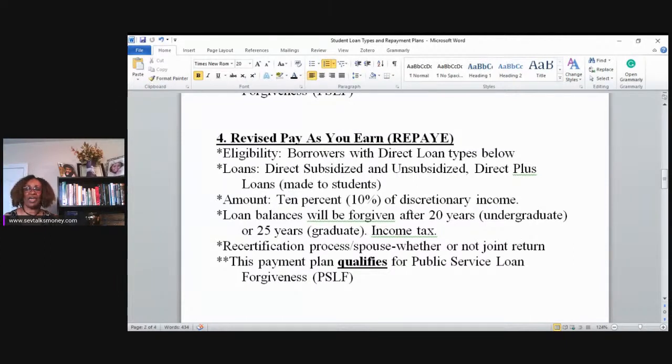Do I pay a bigger amount and get rid of that loan, or do I pay a smaller amount but extend the period that I pay and then be qualified for the PSLF? So you've got to weigh what your goal is, and what it is you're trying to achieve.